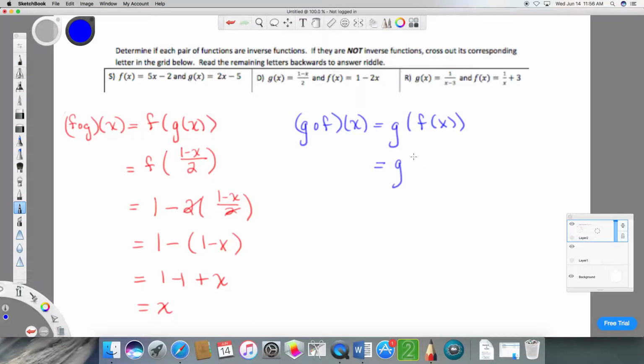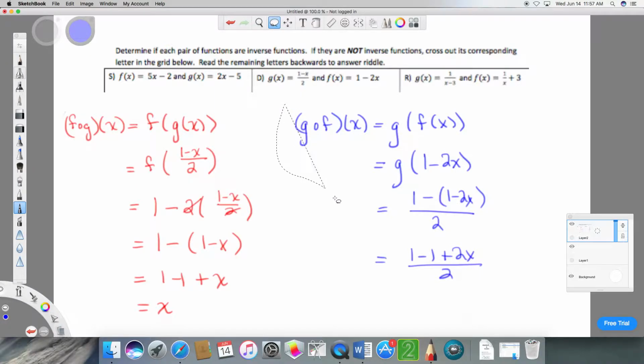So this time f is the input for g. F is this 1 minus 2x. G always creates a ratio. The denominator is always 2, and the numerator is always 1 minus the input, and in this case the input is 1 minus 2x. So in the numerator we have 1 minus 1 plus 2x divided by 2, and you can see how this is going to reduce to x.